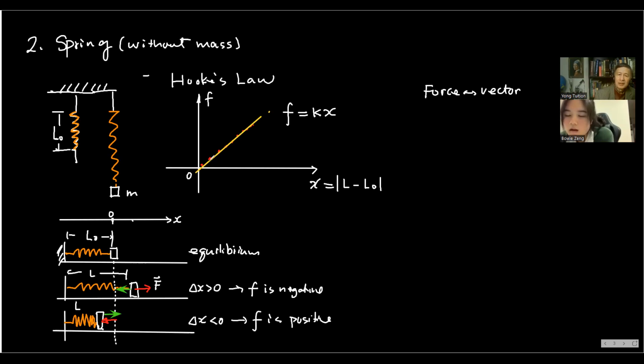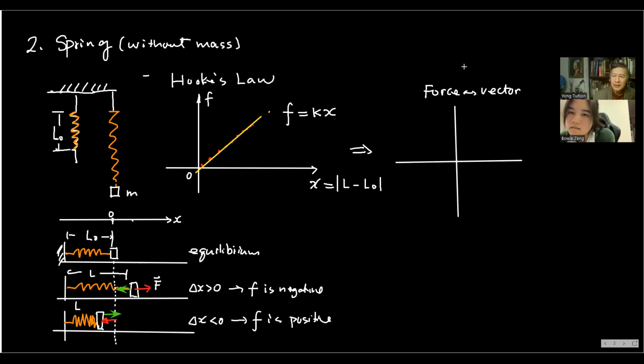Good question. If you really want to draw this diagram, can we make this diagram more realistic? If we want to consider the direction as well, so you are right.